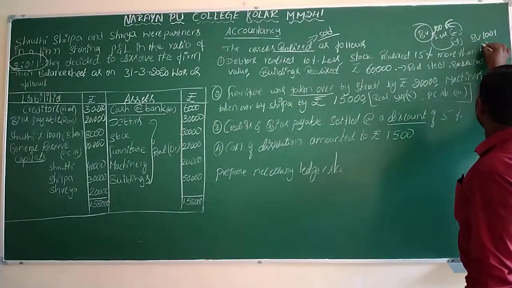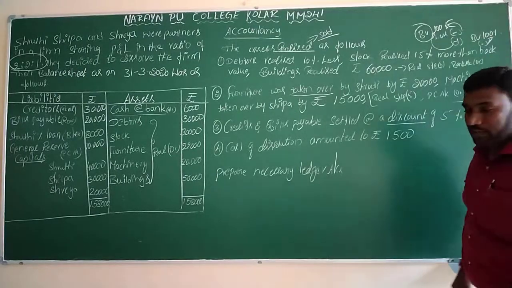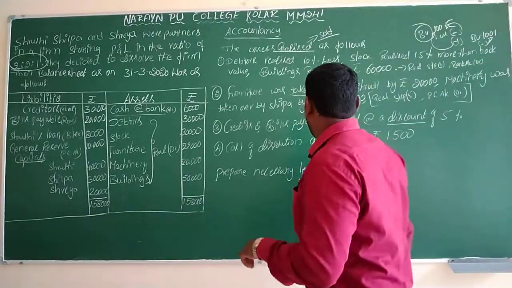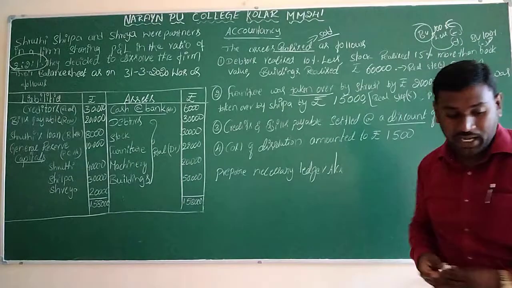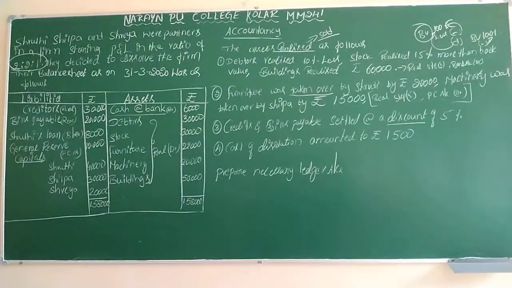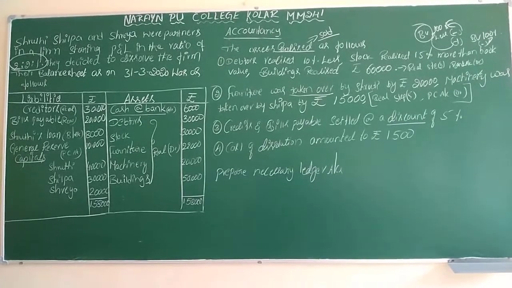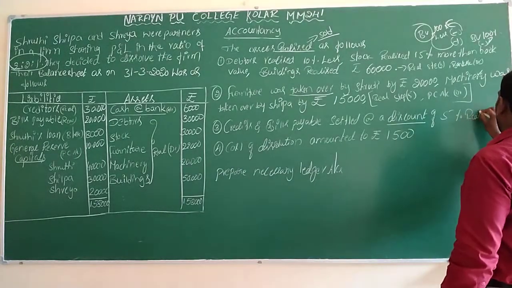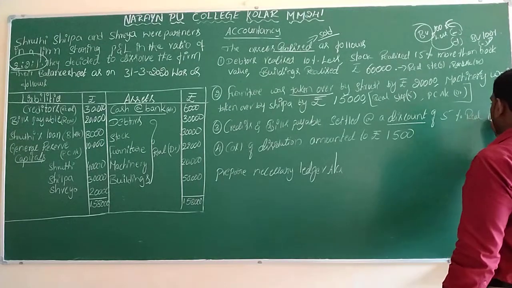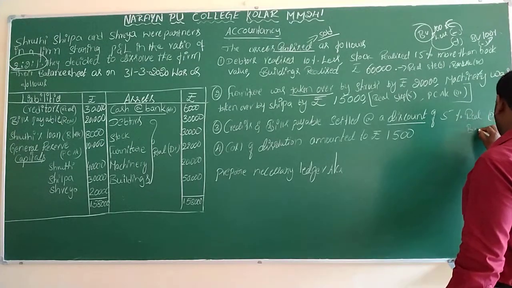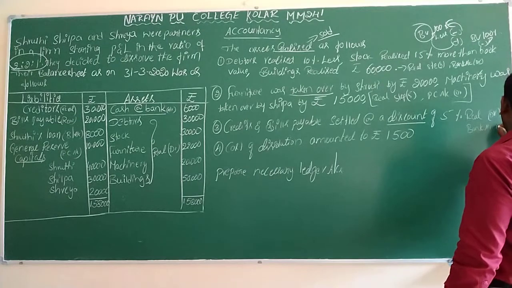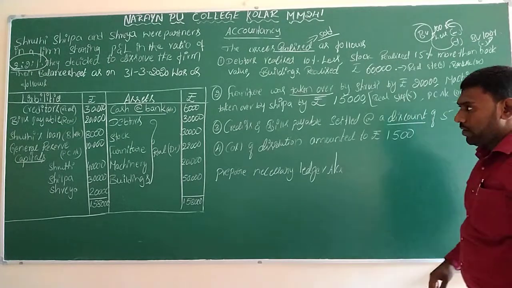Less means minus from 100%. We have to deduct it, and we will get the values. And also adjustment number 3, directly it will come in the realization account. Totally adjustment number 3, once we have to record it: realization account, debit side, again bank account, credit side we have to record it.